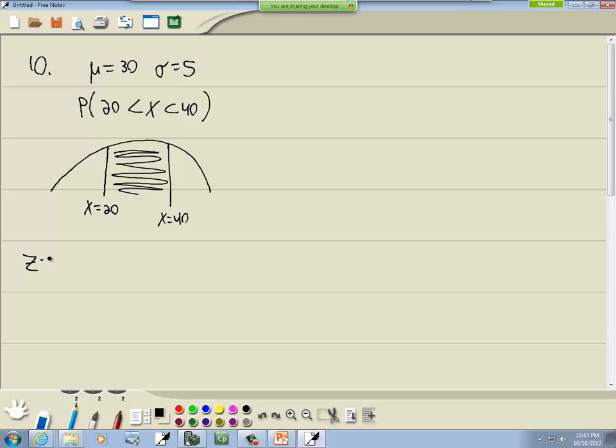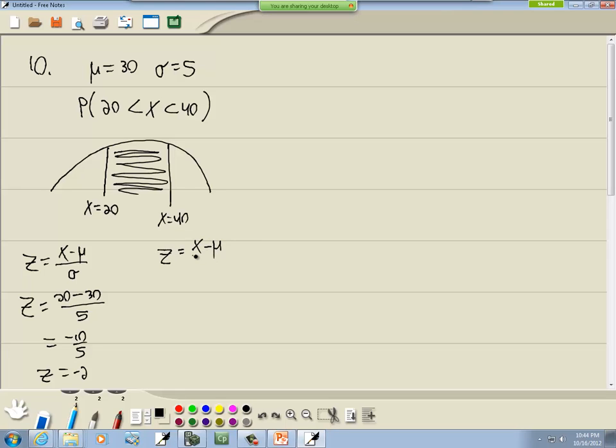So we got z is equal to x minus mu over sigma. So plug in 20. So 20 minus mu, which is 30, over sigma, which is 5. 20 minus 30 is negative 10 over 5, which gives us negative 2. Now the 40. Again, we're plugging in the same formula.